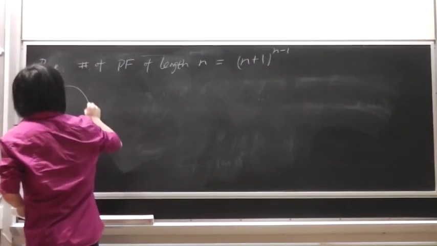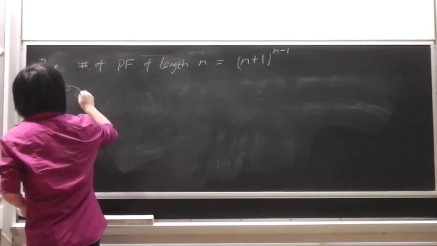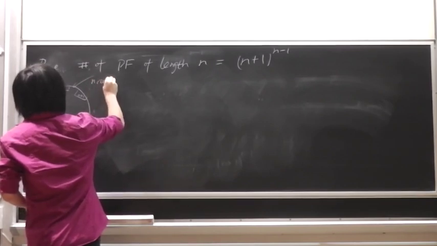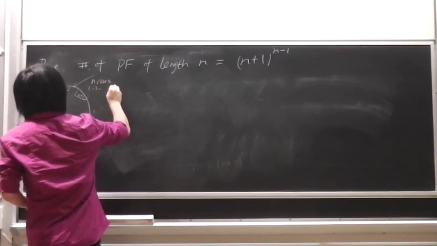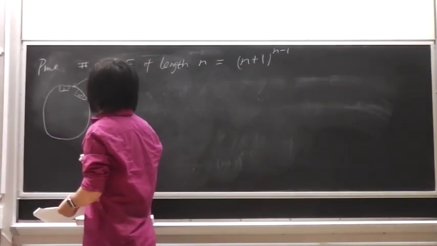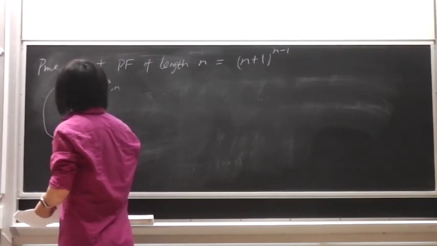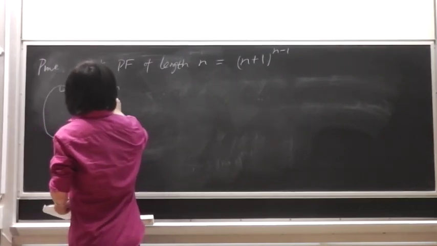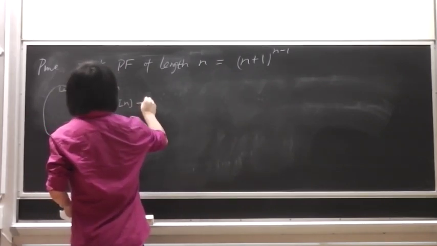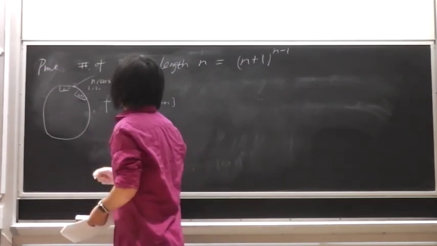We can arrange parking spaces like this, from 1 to n plus 1, and there are still n cars. Every car still has a favorite parking space, and they can have n plus 1 as their favorite. So actually this is just a map from n to n plus 1. How many mappings are there?